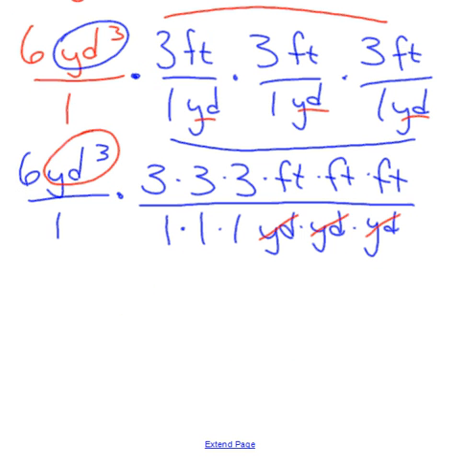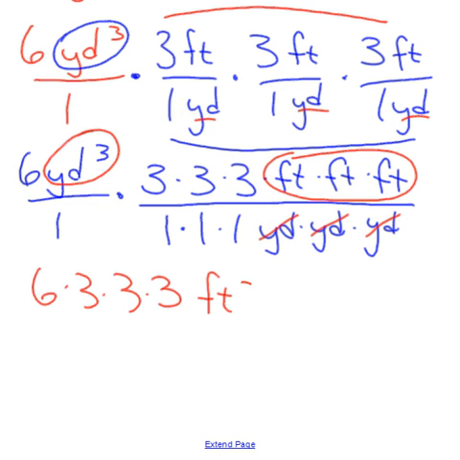So now I have 6 times 3 times 3 times 3, and what's left is feet times feet times feet. Well, that's cubic feet. And on the bottom, I've canceled all my units, and all I've got is a bunch of 1s. So that's 1 on the bottom.